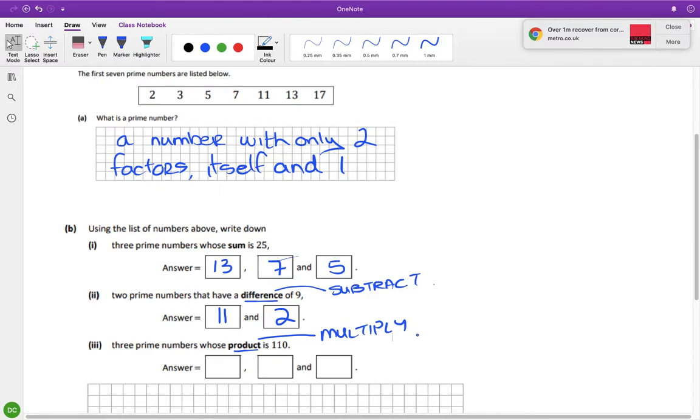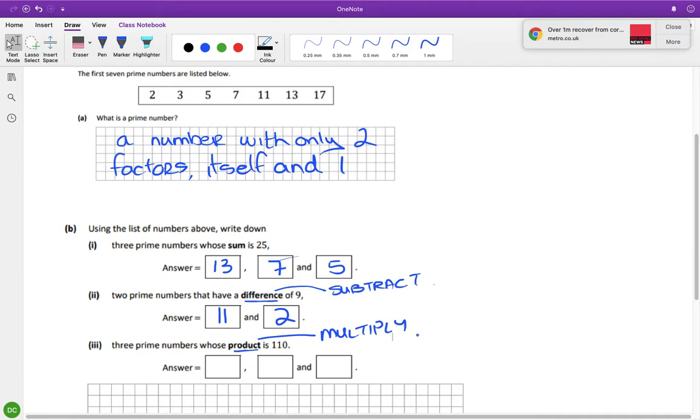No, that won't work, and they're going to be too big. Three prime numbers whose product is 110. Definitely finding this harder than I should.